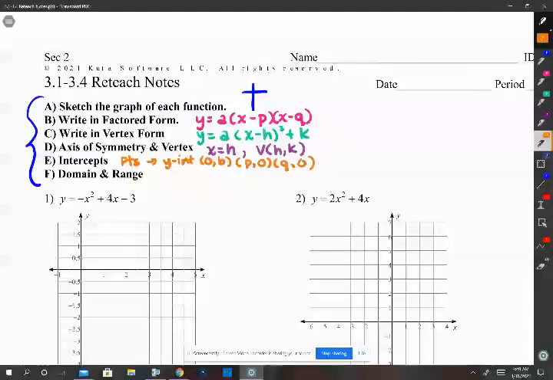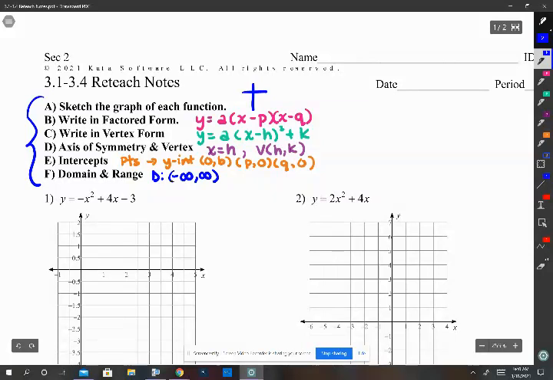And then you've got domain and range. With domain and range, it's nice because domain is always the same. Domain is always negative infinity to infinity, but I need to see that. Your range is based off of your k value. The range is either going to be negative infinity to k if it's a downwards one, or it's going to be from k up to infinity if it's up.